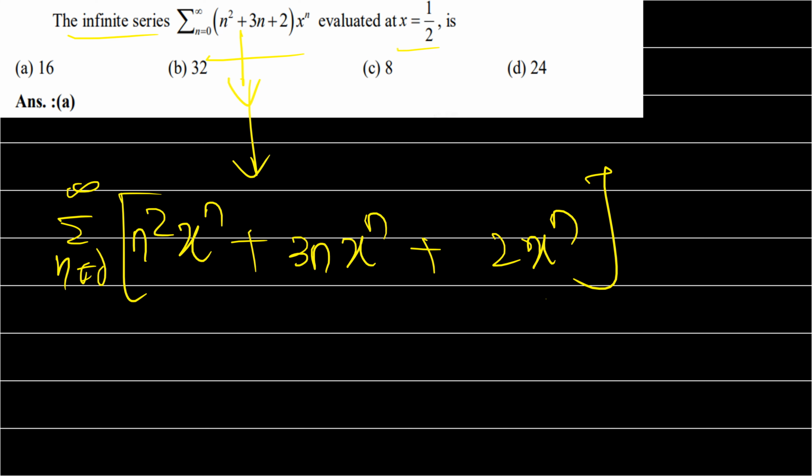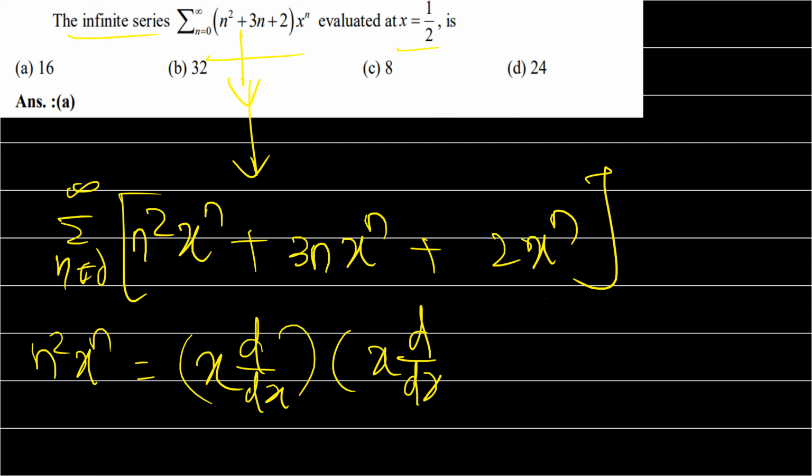Now in order to evaluate this, I can directly put x equal to half. Like we don't know the value of half to the power n, so let's find it term by term. So first term is n squared x to the power n. Now n squared x to the power n can be completely written in terms of x as x d by dx, x d by dx of x to the power n.